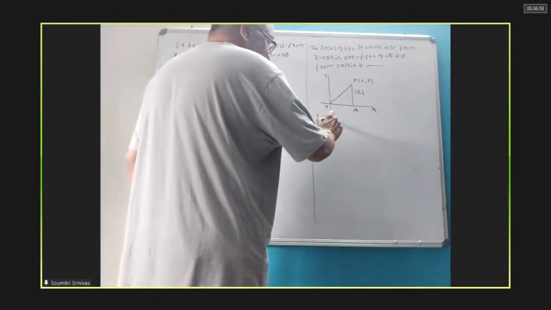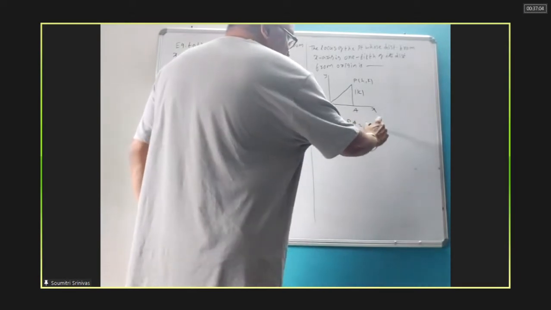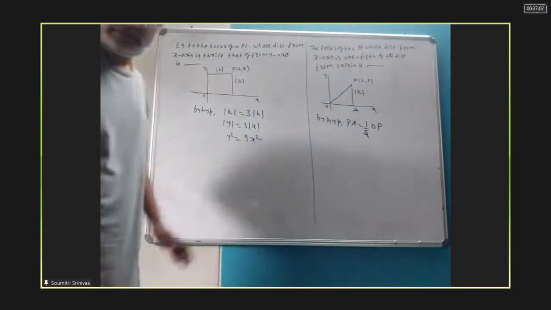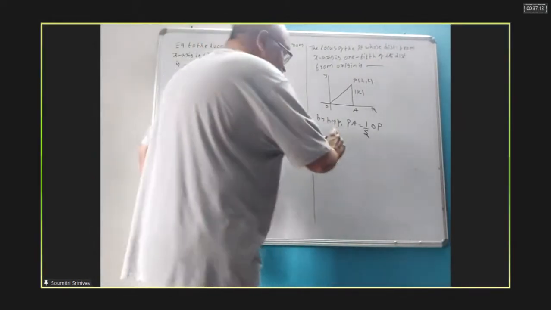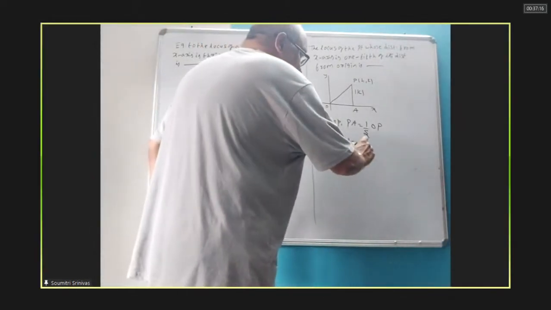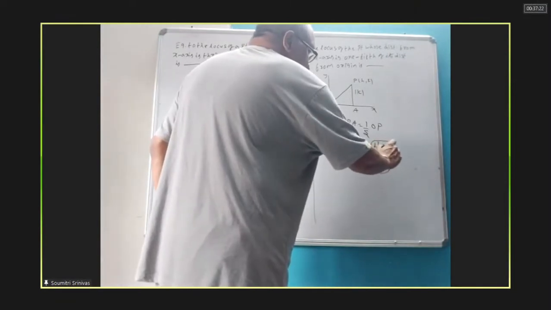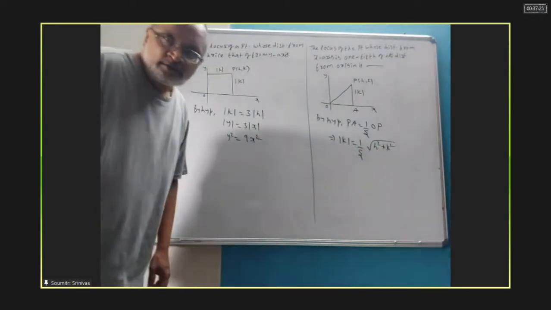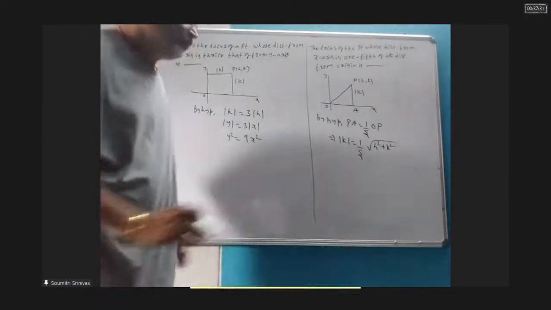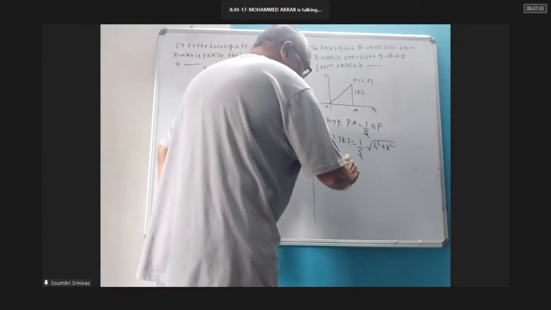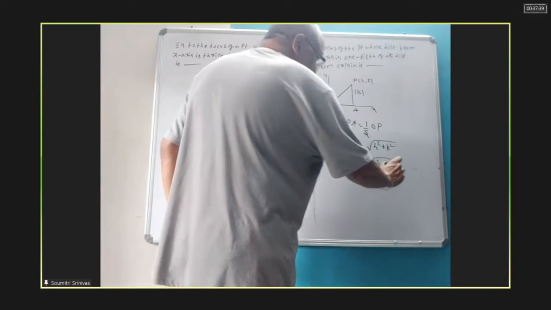By hypothesis, PA is equal to 1/5 of OP. Am I correct? What is PA? Mod k. OP is under root of h square plus k square. Clear? So 5 times mod k is equal to under root of h square plus k square.